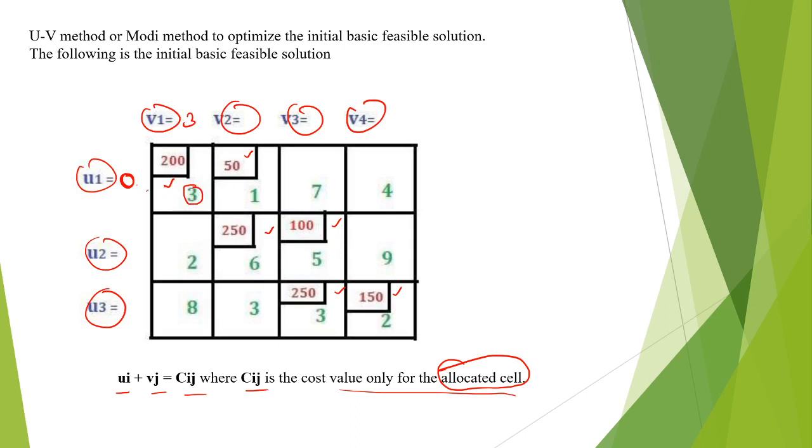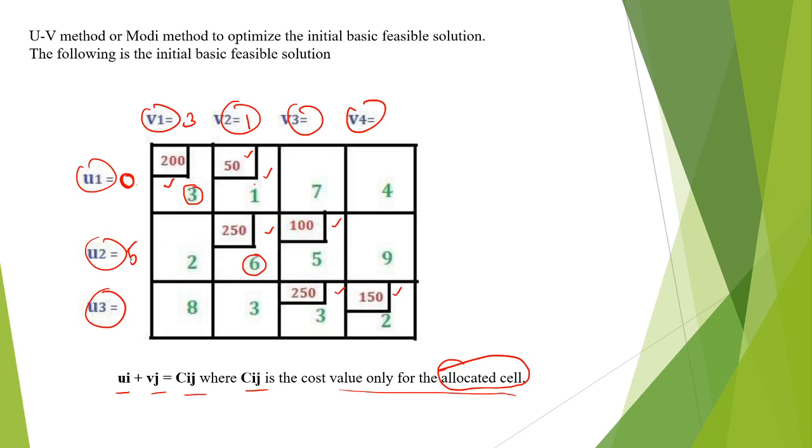Now the next allocated cell is this. So here 0 plus V2 equal to 1, so V2 is 1. The next allocated cell is this: V2 is 1 and cost is 6, so 1 plus 5, U2 is 5 and cost is 6.